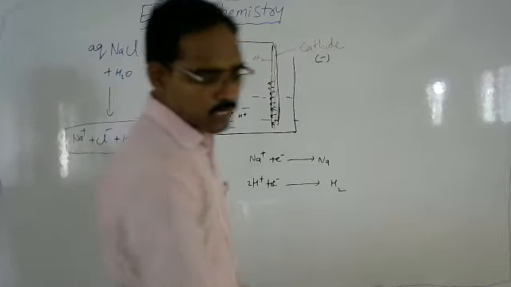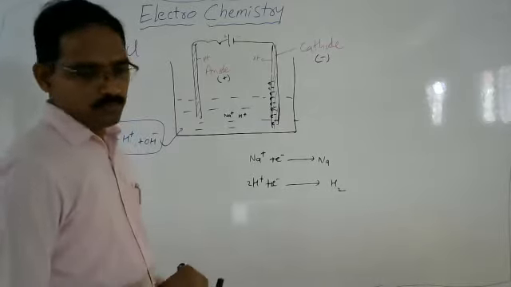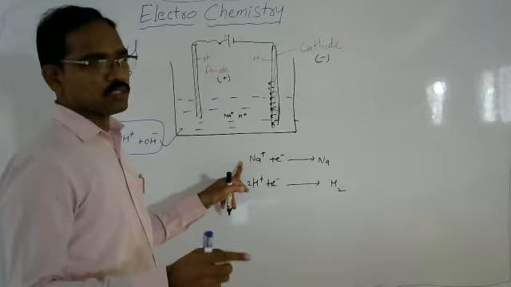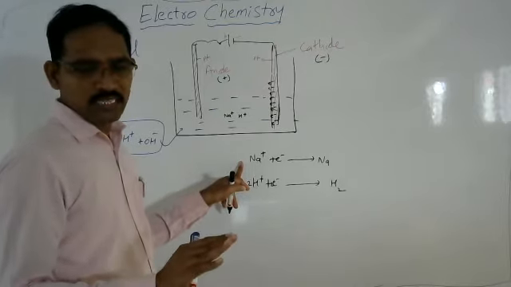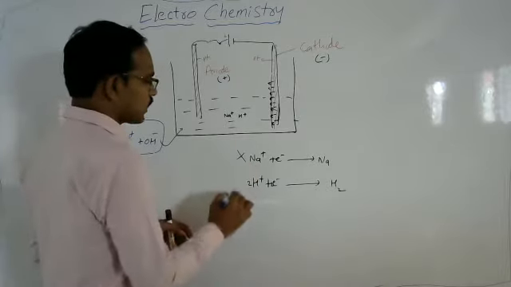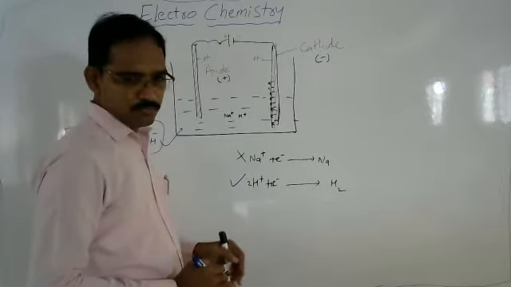In the case of a metal, reactivity means the tendency to lose electrons. So obviously sodium is stable as Na+. That's why Na+ is not ready to take the electron. So it won't take the electron. H+ will take the electron, forming H2.